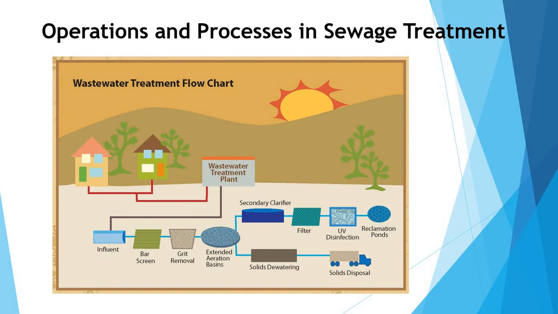So we know there are some operations and processes in sewage treatment, and this may be the simplest wastewater treatment flow chart. The wastewater from the houses is collected and enters the wastewater treatment plant. The water entering the wastewater treatment plant is called the influent. This influent first enters the first chamber, called the screen chamber, in which normally a bar screen is used to get rid of the floatable matters or other solid matters present.